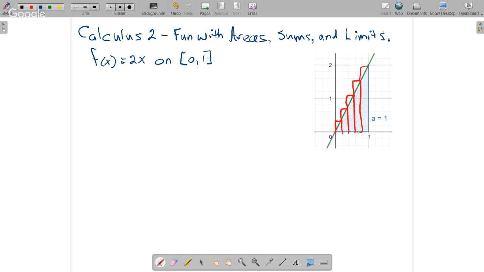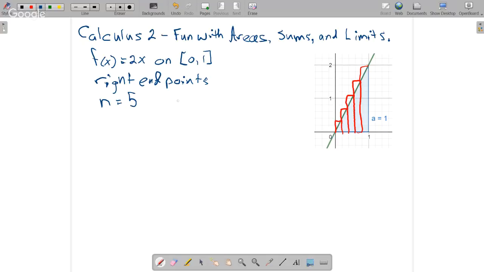It's helpful to know how to choose endpoints, and so we're going to use what's called right-hand endpoints. And how many intervals to make. And so we're going to let n equal 5 at first.